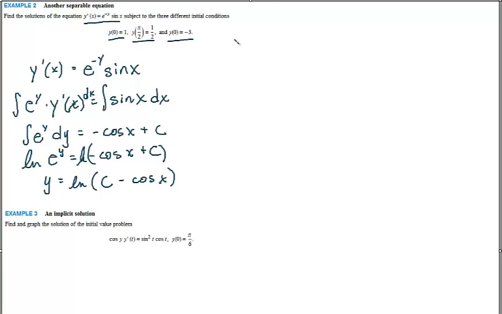So that just means for case 1, y of 0 equals 1. I will have 1 equals natural log of c minus cosine of 0, and then I'll solve for c, and I'll do that for each one of these.